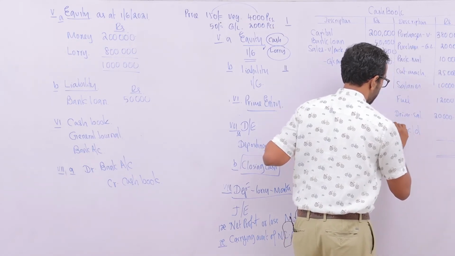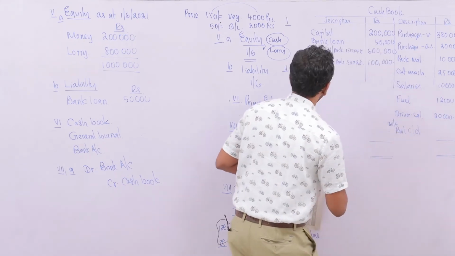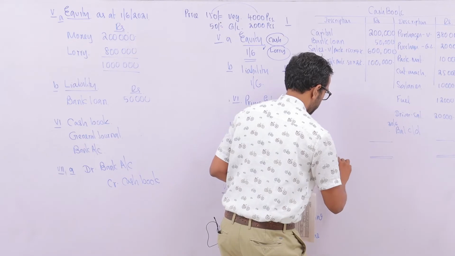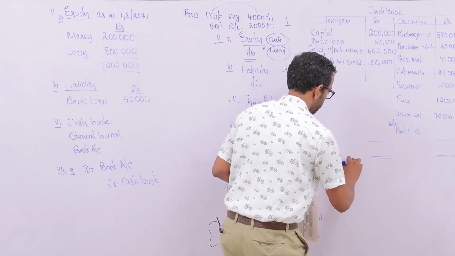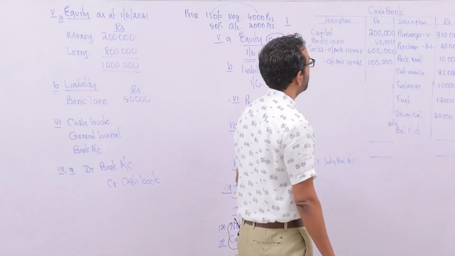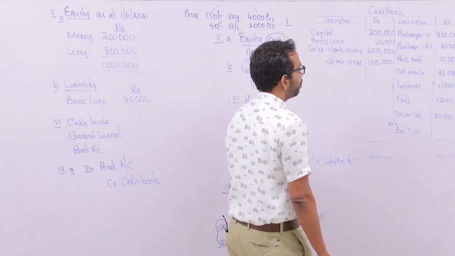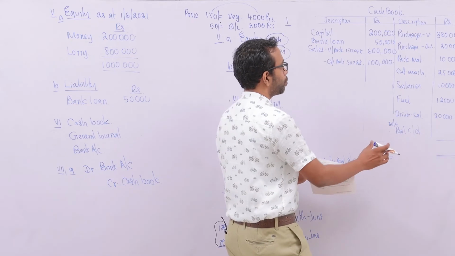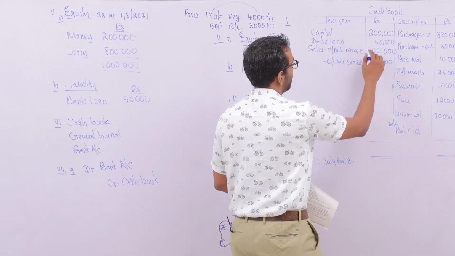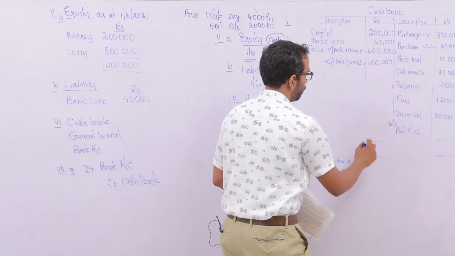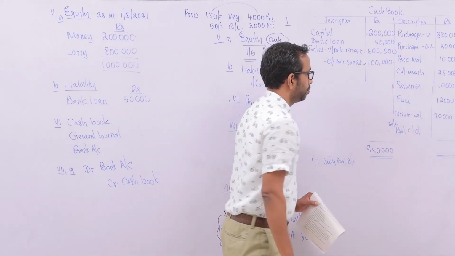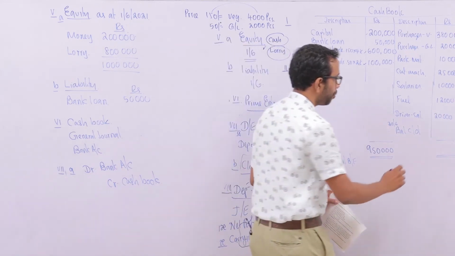That is 30th June, 1st July, balance brought forward. Right. Now we need to balance the account here. When you take the balance, you need to give more prominence to the higher column. So it is 200, 800, 900, 950. And put the same amount here, 950.